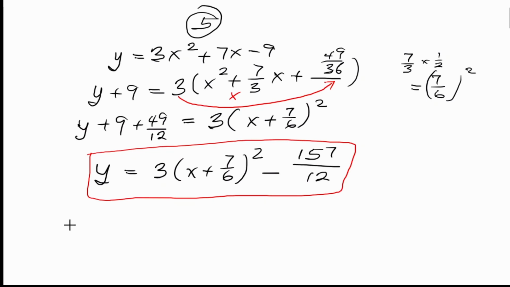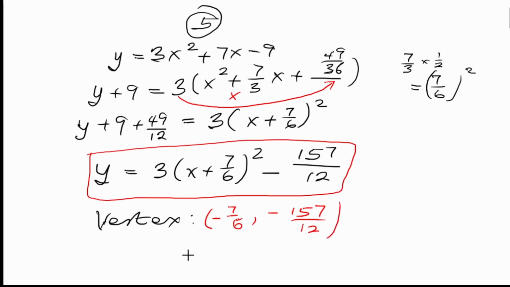So the coordinate of the vertex, which looks a bit messy but correct, is negative 7 over 6, comma, negative 157 over 12. And for those of us who want it in decimal, it will be approximately negative 1.17, comma, negative 13.08.